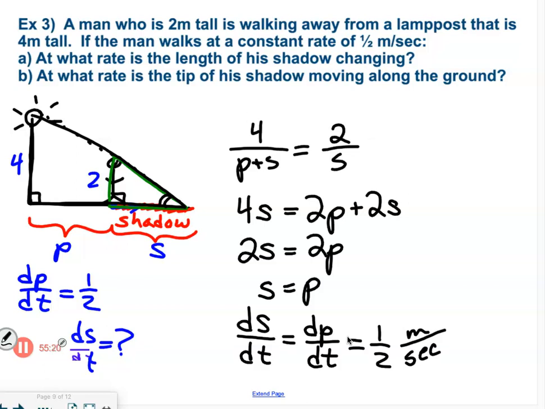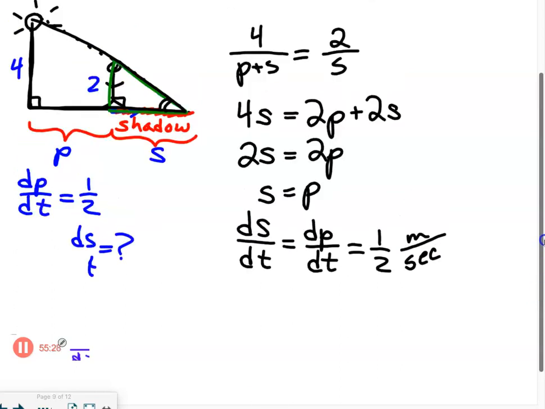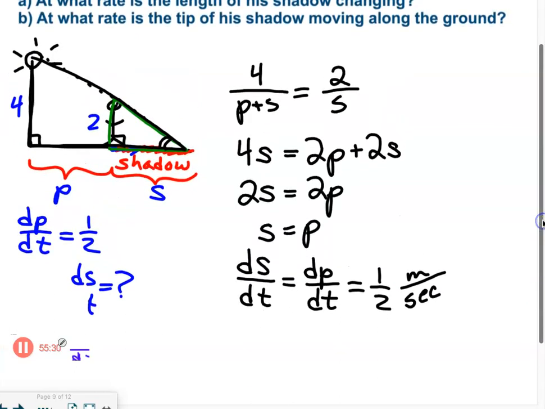Okay, part B. At what rate is the tip of his shadow moving along the ground? So there's the tip. We want to know at what rate that dot is moving, which means what rate are we looking for?